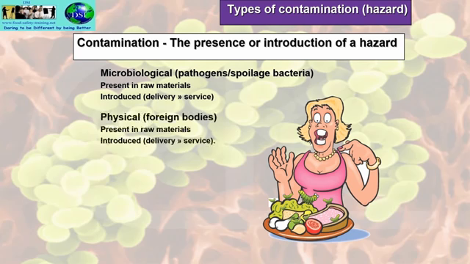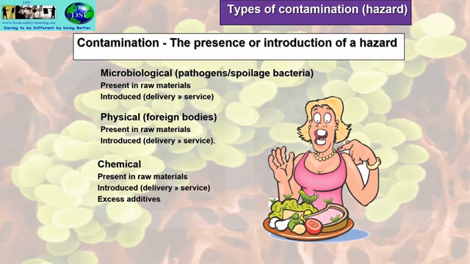We've got physical contamination of foreign bodies, things that you can see in the food usually, things that might be pretty innocuous, like bits of string, bits of polythene, bits of wood, etc. But again, it could be food safety hazards such as sharp screws or pieces of glass. These can be present in the raw materials and they can be introduced between delivery and service.